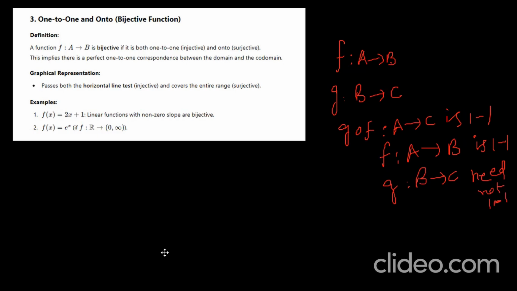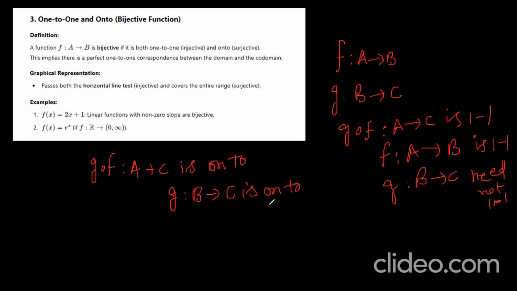In the case of onto, I am observing: G circle F maps A into C is onto, which implies that G maps B into C is onto. But F maps A into B need not be onto. You got the difference?